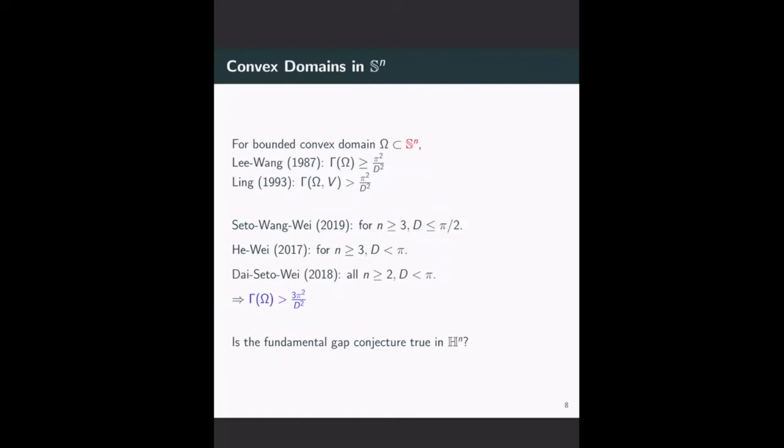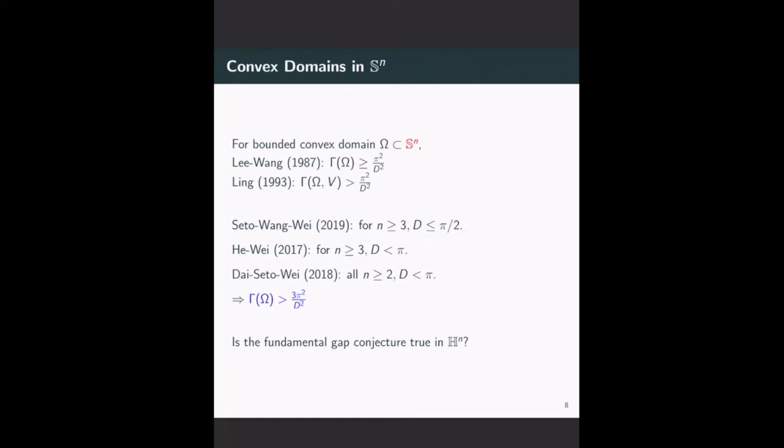So using the results and the ideas of the proof in Rn, Seto, Wang, and Wei were able to do it with diameter less than pi/2. That means if it stays in a hemisphere.